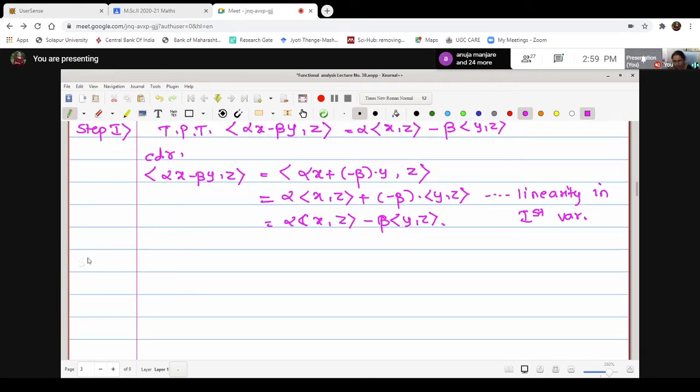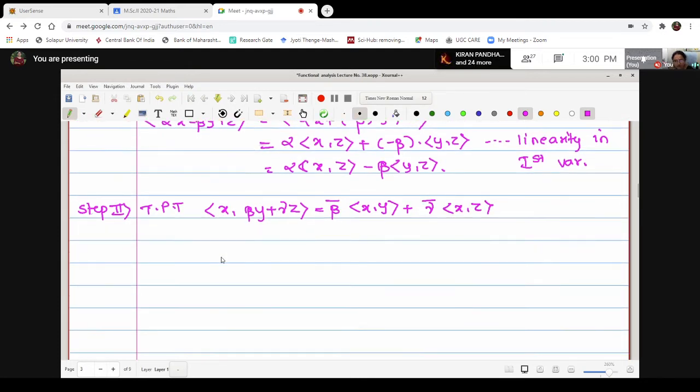Step 2 to prove that inner product x with beta y plus gamma z is equal to beta bar inner product x with y plus gamma bar inner product x with z. To prove this, let me start with the left hand side.